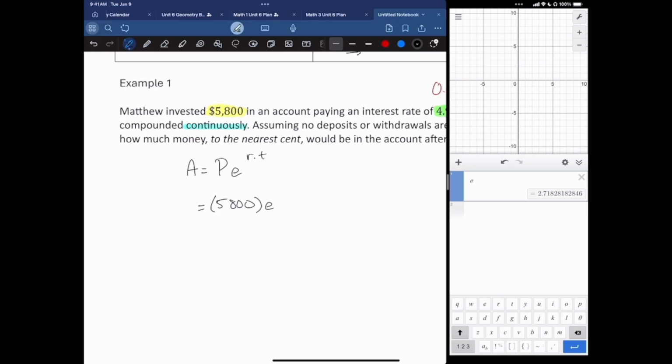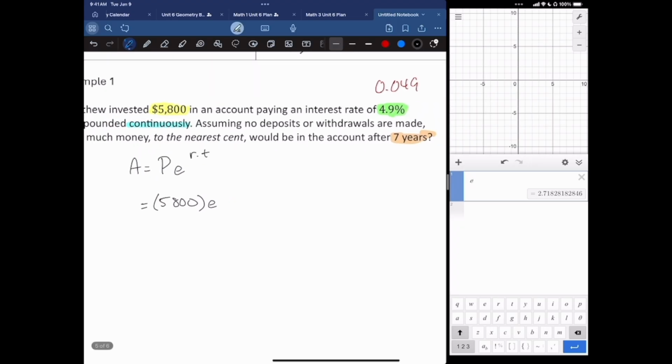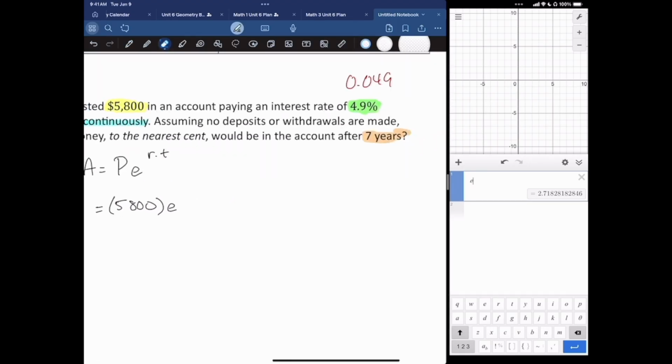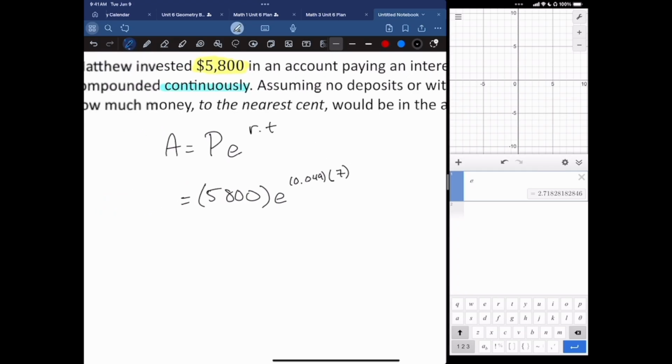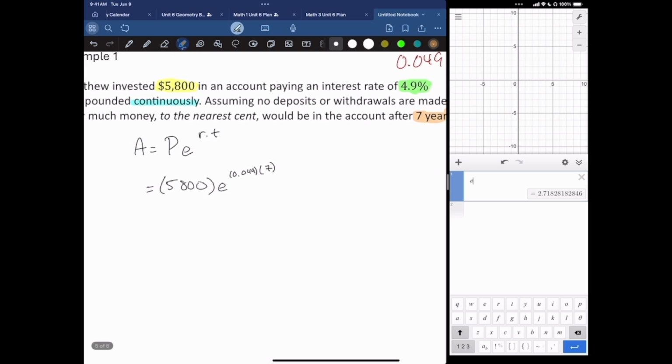We have that times E to the 0.049, and we are going for 7 years, so we're going to use 7. Let me go back and highlight things. This whole thing right here is my 4.9%, my $5,800 of initial investment. We are compounding continuously, so we're using the formula with the letter E, and we're going for 7 years.